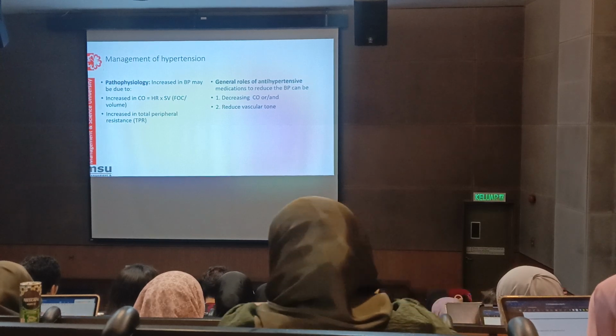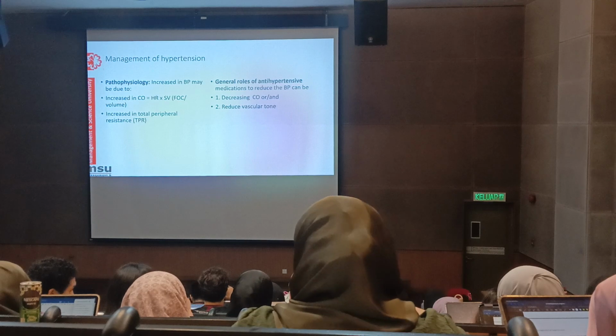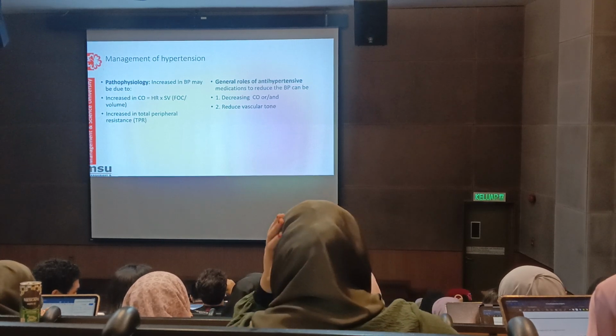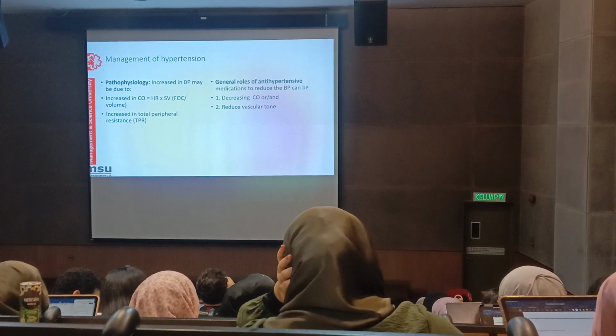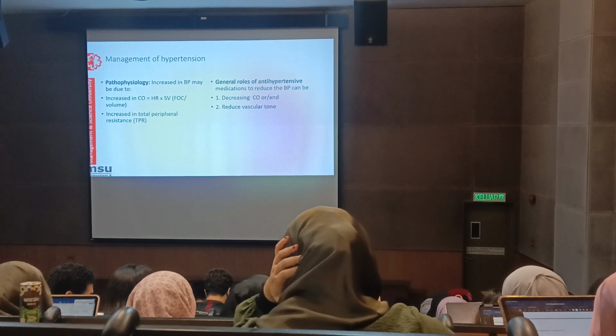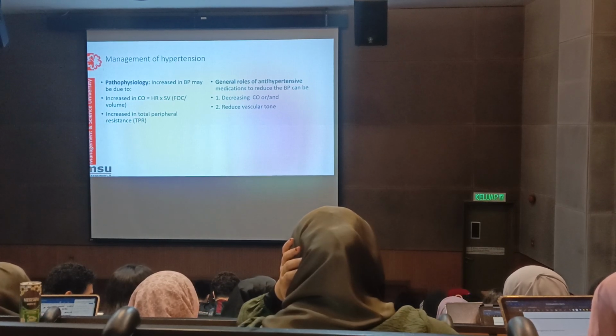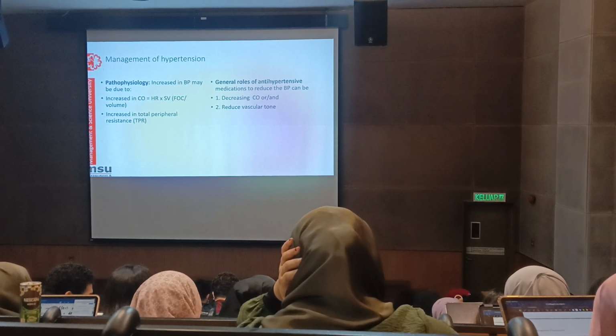So the general rule for antihypertensives is that we need to normalize the peripheral resistance, blood volume, and or viscosity of the blood, so that the blood pressure is brought to the normal level.